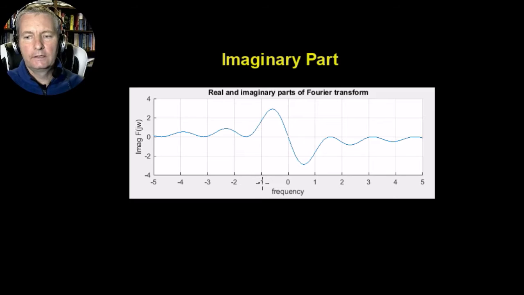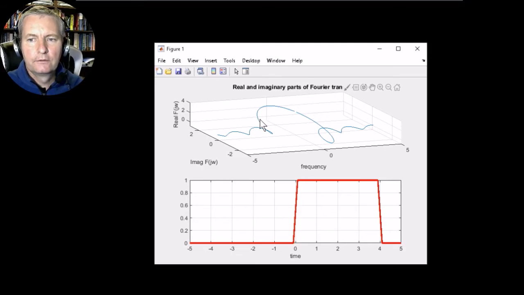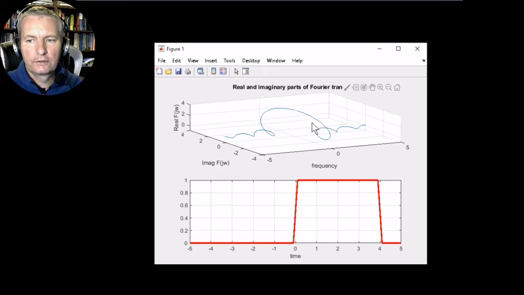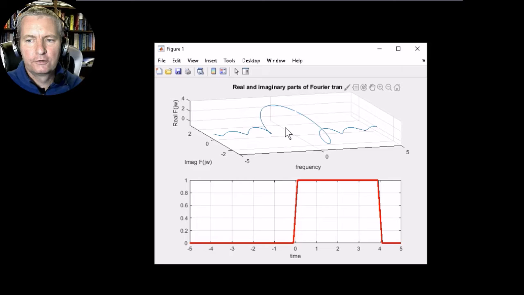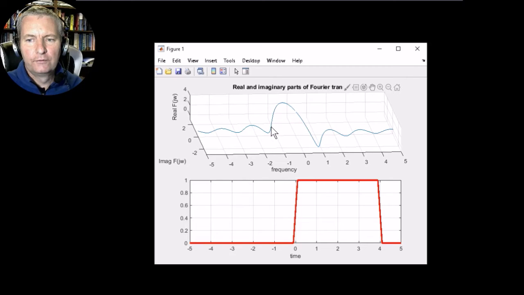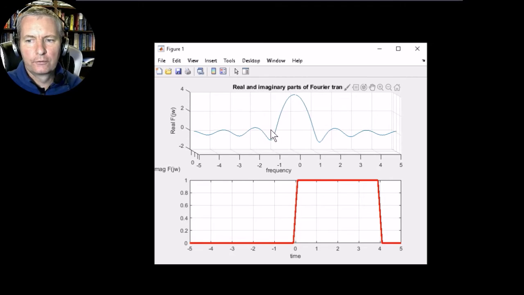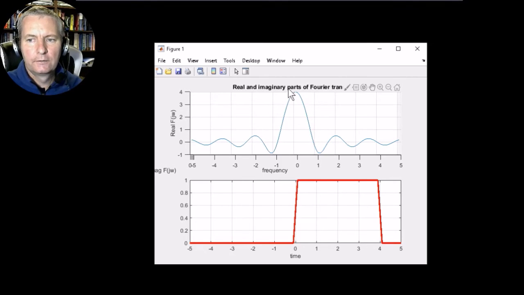So we'll go ahead and look at these functions in Matlab. This is the function in Matlab, and as you can see, it's a 3-dimensional function. So we have the independent variable, which is the frequency, and then we have the dependent variables, which are the imaginary part and the real part. I can turn these round, and as I turn this corkscrew type shape round to the real axis, you'll see that this gradually heads up towards that function there, which is a purely real function, and we've seen that in the previous slide.